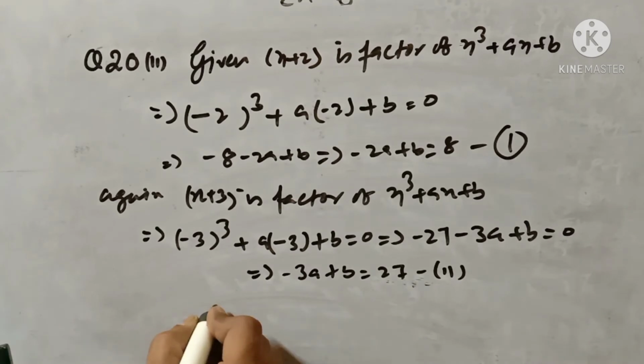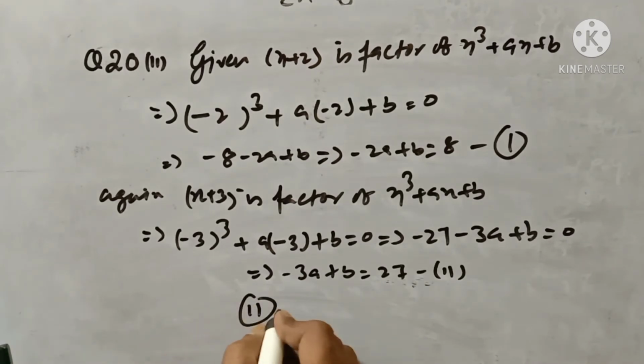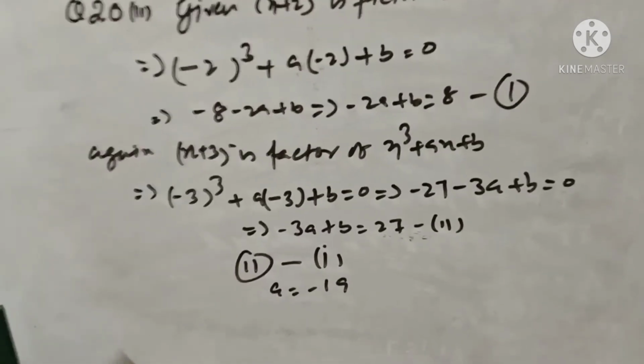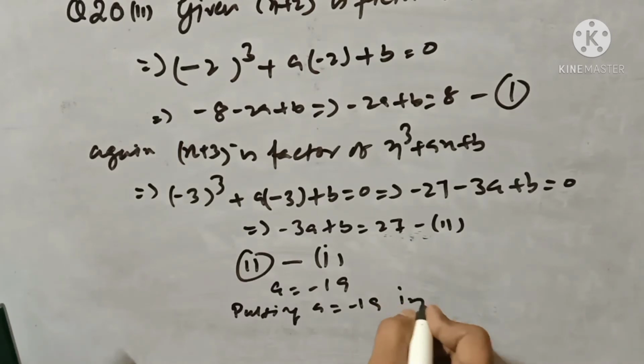Subtract 1 from 2. If you subtract, it will come the value a equal to minus 19. Now this value you put in any equation. I am putting a equal to minus 19 in equation 1.